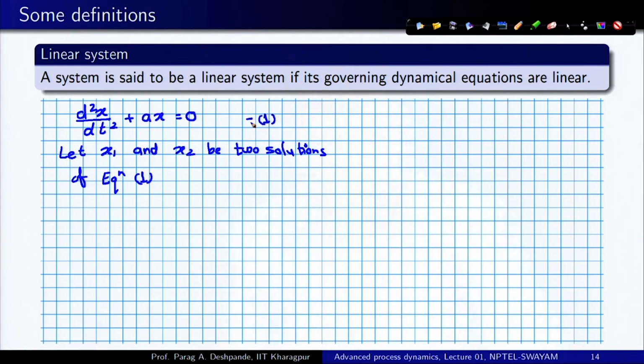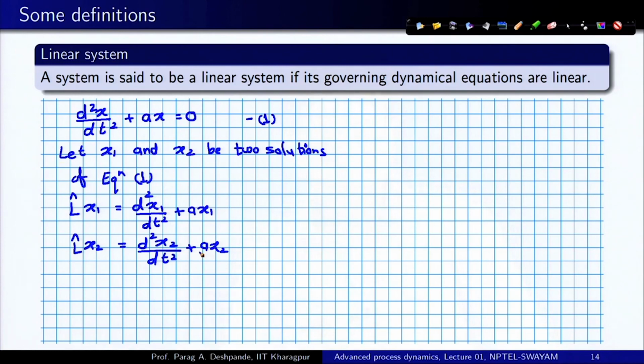Since I have a linear system, the solutions would lie in the linear vector space. So, if any two solutions are x 1 and x 2, then L operating on x 1 would be d 2 x 1 by d t squared plus a x 1, and L operating on x 2 would be d 2 x 2 by d t squared plus a x 2.